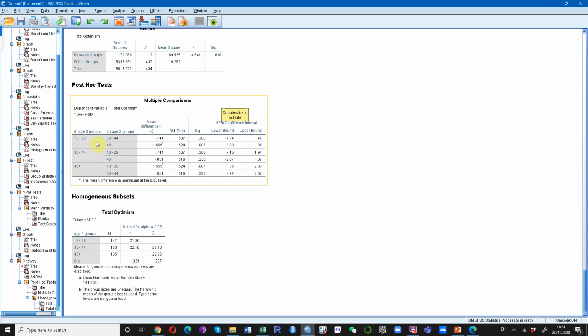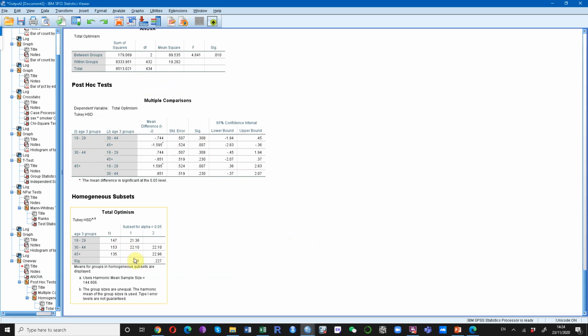So it's the opposite way between an increase and decrease. So older people have a lower optimism score than the young group of people. So that's how you interpret these two tables.